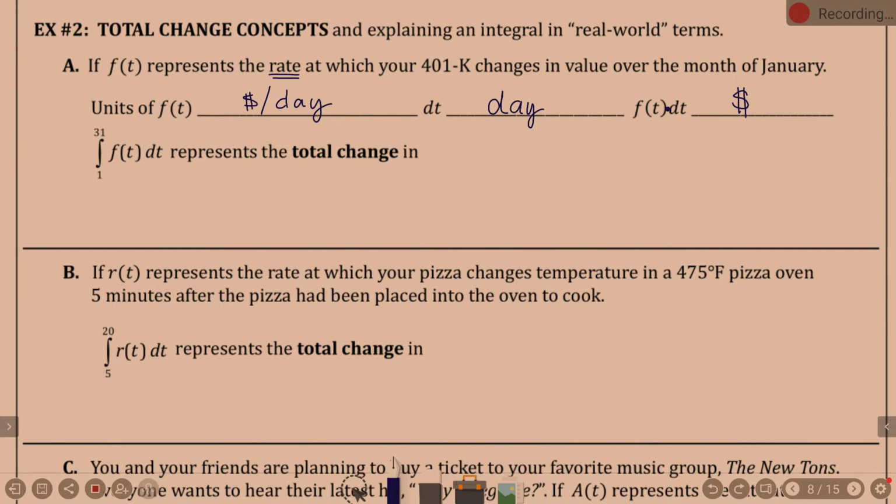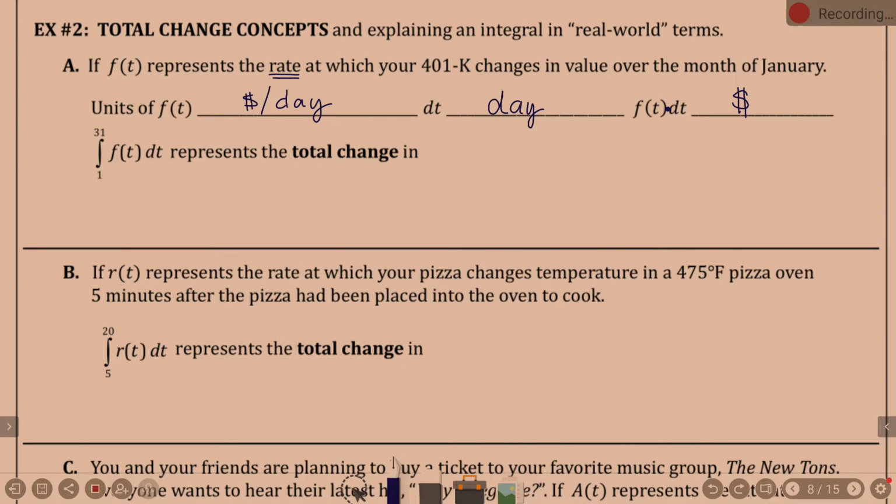The integral from 1 to 31 of f of t dt represents the total change in what? Let's put it in words. Some of it's kind of already there, but the total change in, what are we changing? Dollars, which we're talking the value of your 401k here.